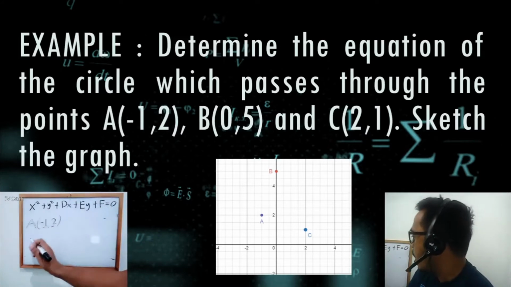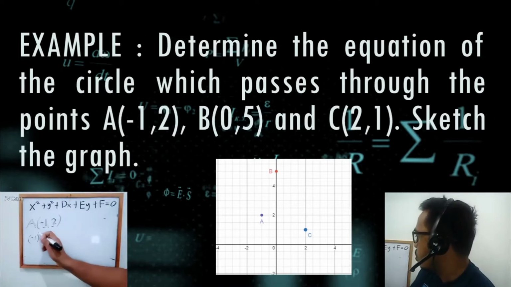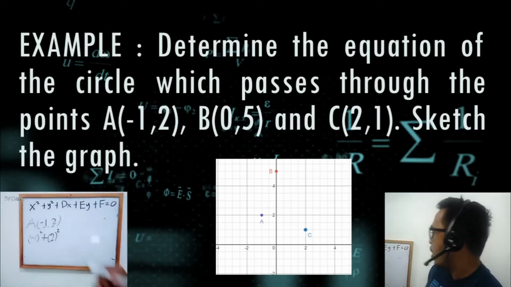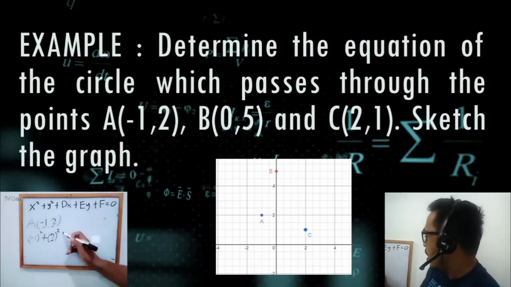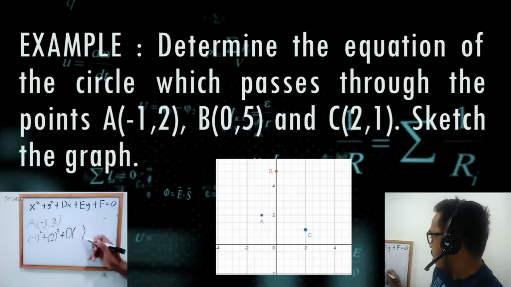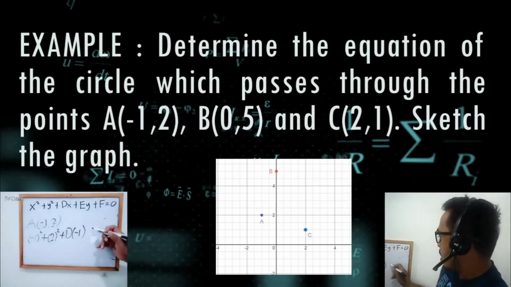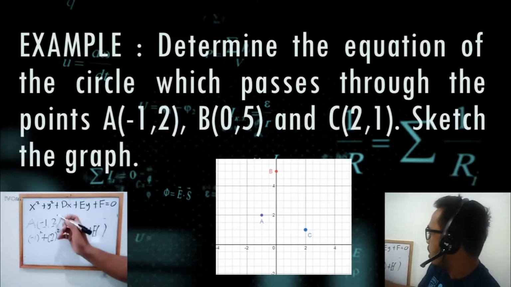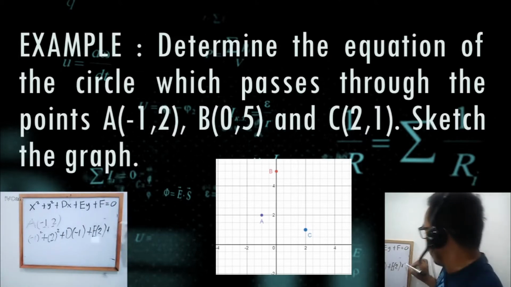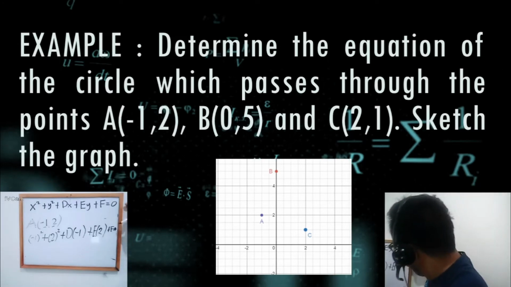So it will be (-1) squared plus our y is 2, so you have 2 squared, plus D, which is unknown, the one that we will be looking for later, times our x again, -1. Our E is unknown, but our y is 2, plus the unknown F equal to 0.